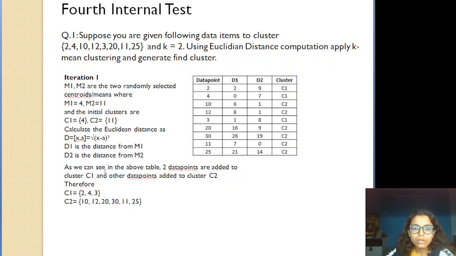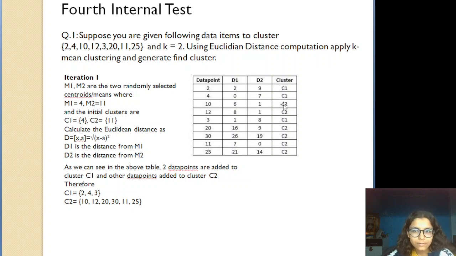By doing this we take account of all the other data points. For 4, it would be 4 minus 4, which is 0, and 11 minus 4 gives us 7.